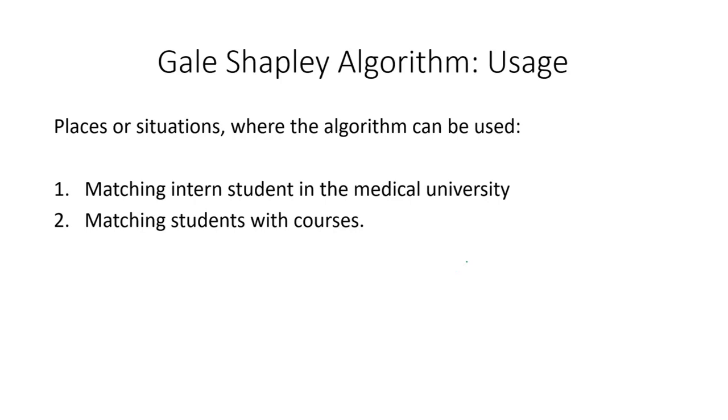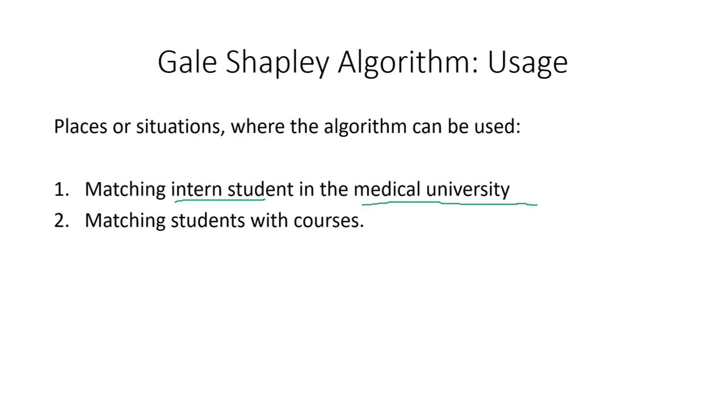Of course, the Gale-Shapley algorithm can be used not only in matching men and women. This algorithm can be used in many different places where we need to match two sides according to their preference lists. One of the examples is matching intern students in medical universities.